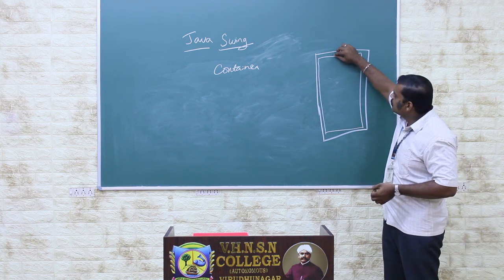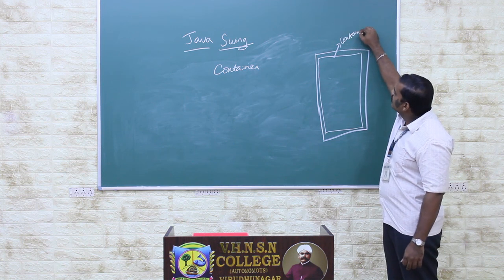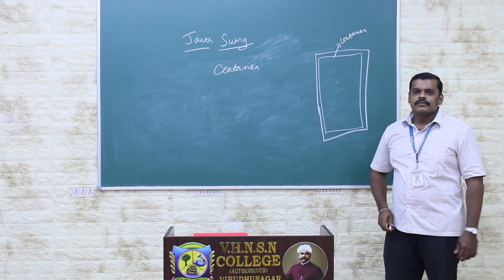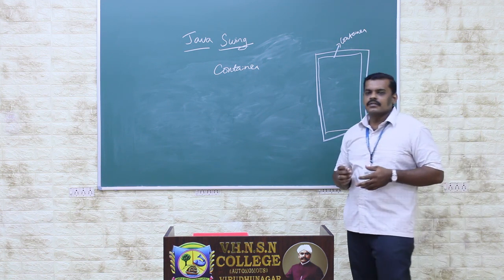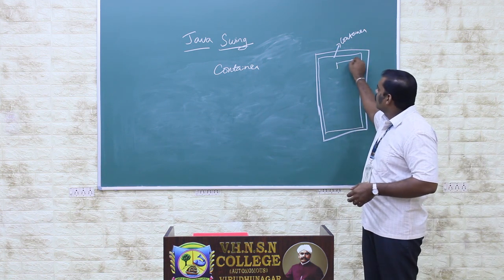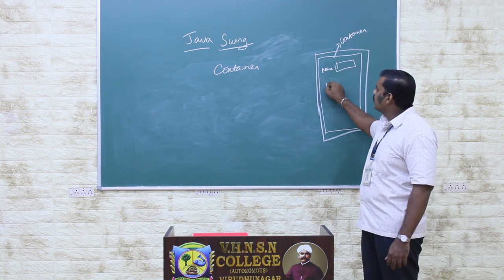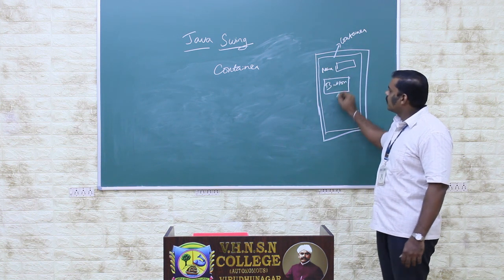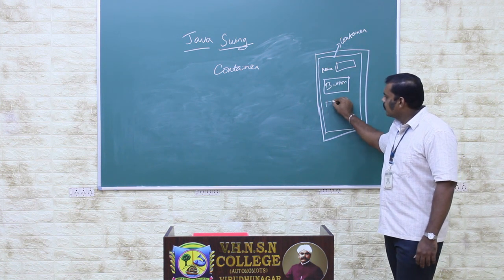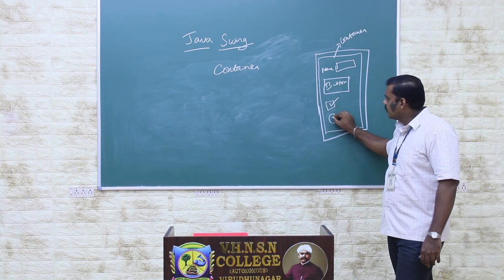We name this invisible layer a container. Inside this container we have plenty of components. It may be a text box, a label, a button, a checkbox, or a radio button.